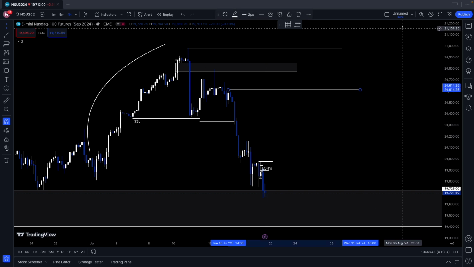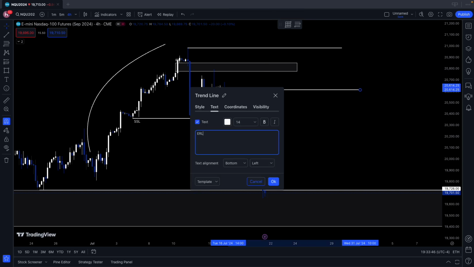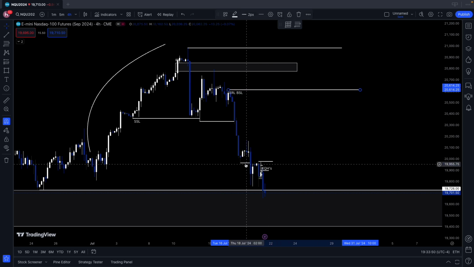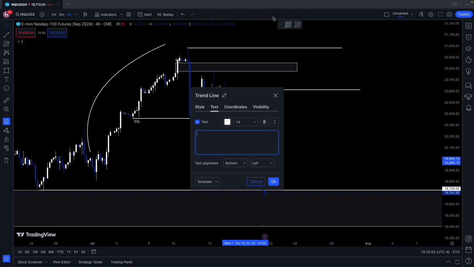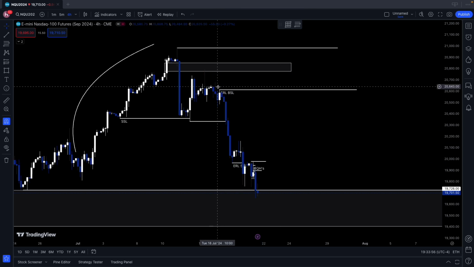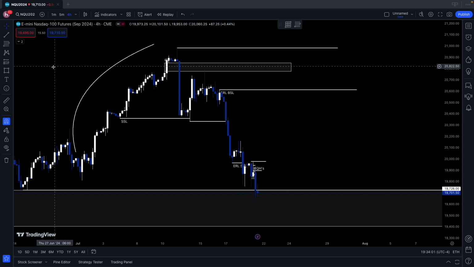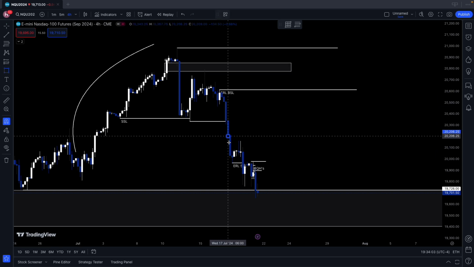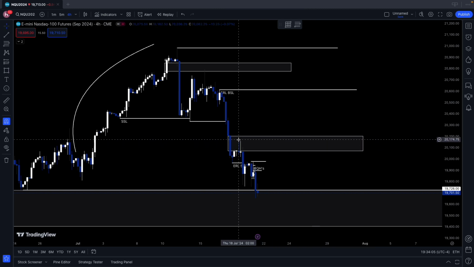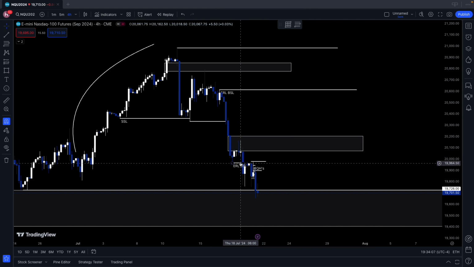We can mark this out as external liquidity in the form of buy side liquidity, and this one as external range liquidity in the form of sell side liquidity. And as price put on that swing high and that swing low, you can see price reached back into this dealing range right here, into this 4-hour imbalance, where we reached lower, coming for that external range sell side liquidity.